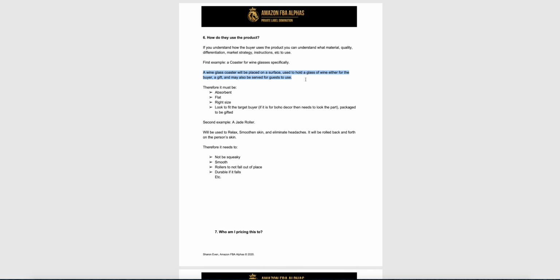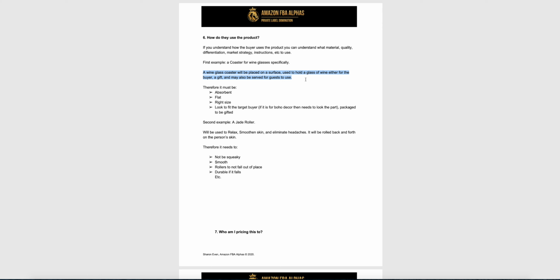A wine glass coaster will be placed on a surface to hold a glass of wine, either for the buyer, or as a gift, and it may also be used for guests. If I've bought these, I may be using them myself, serving guests who come to my house with wine or whatever, and asking them to place their glasses on those coasters.